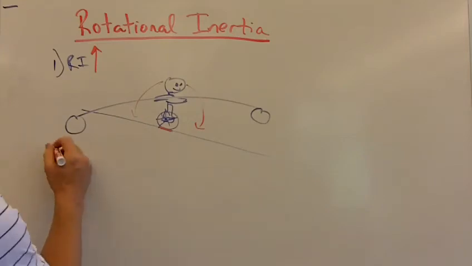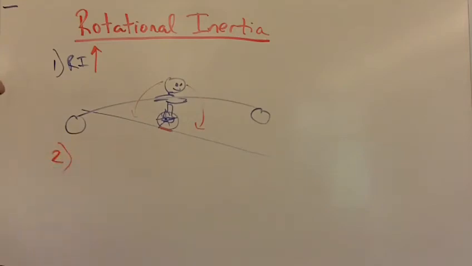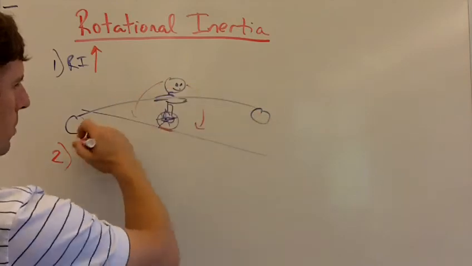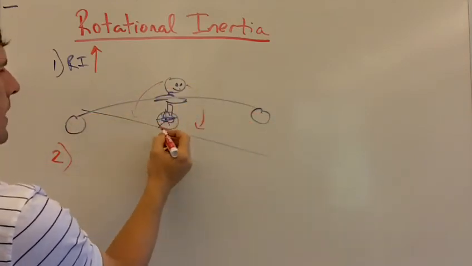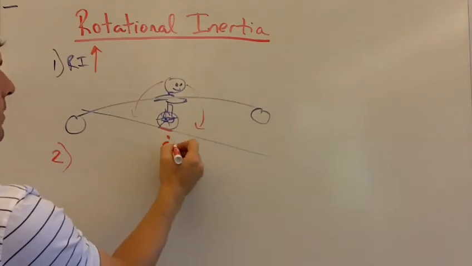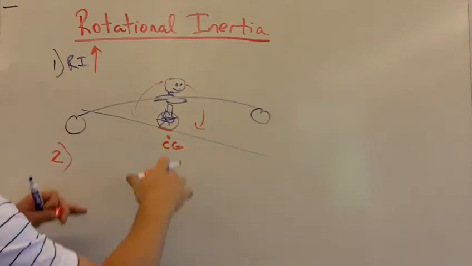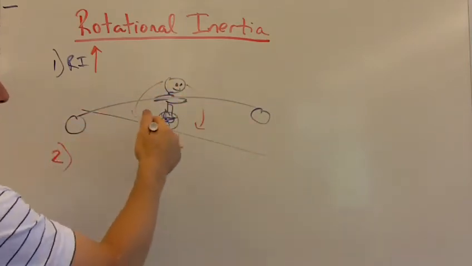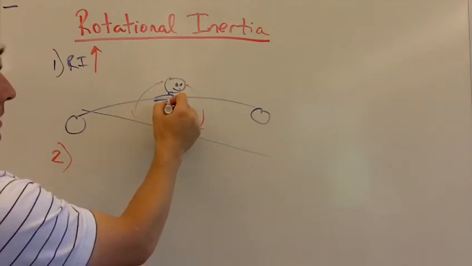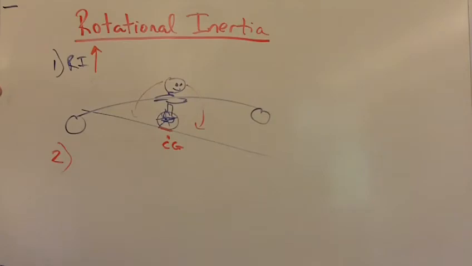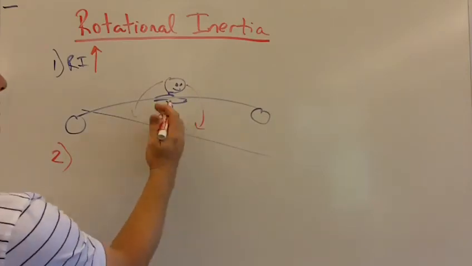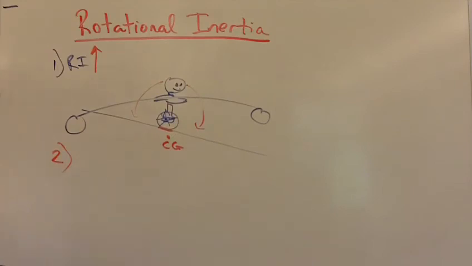The second thing that makes this easier for the person is that this bent pole here has masses on the end, and those will in effect lower the center of gravity. Okay, if the weights bend down, then his center of gravity, which would normally be up here somewhere, is now lowered to below the wire. And if that's the case, then we would say that he's in stable equilibrium, and it will take work to make him rotate.